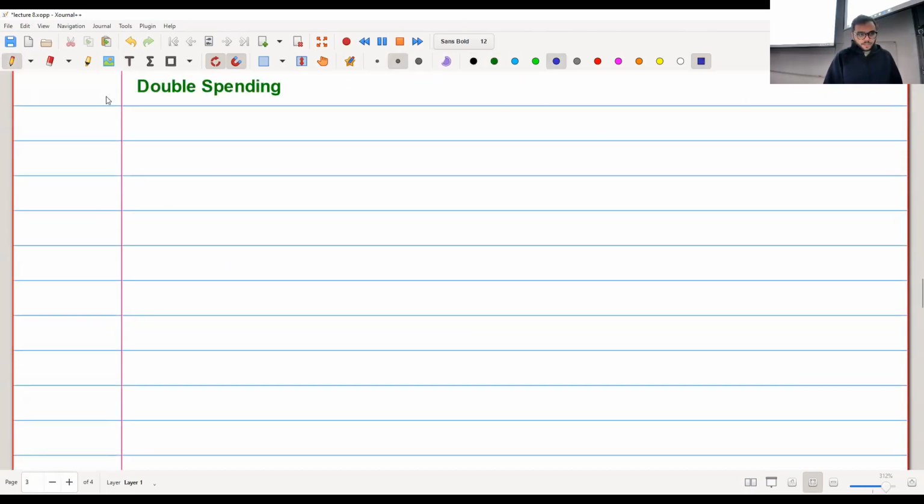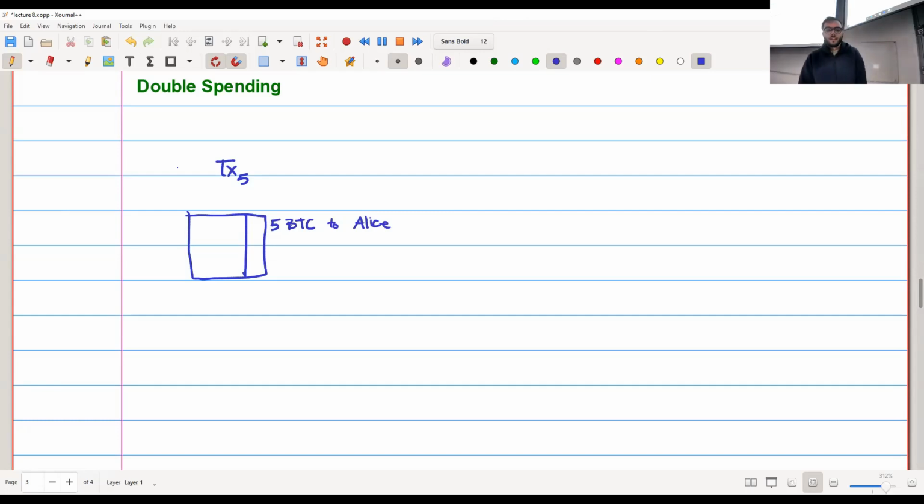Let's say at some point, I have, let's say, transaction 5. And in this transaction, there was an output that is paying 5 Bitcoins to Alice. Okay. So now I know that Alice has 5 Bitcoins. So later on, Alice can create another transaction. Let's just call it transaction 100.